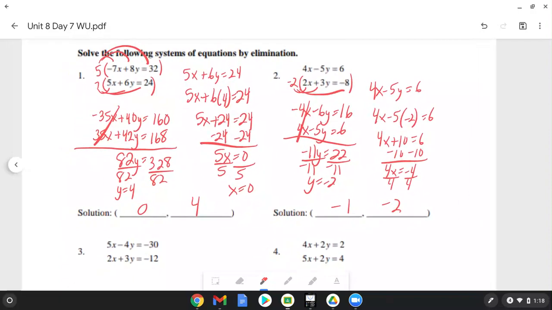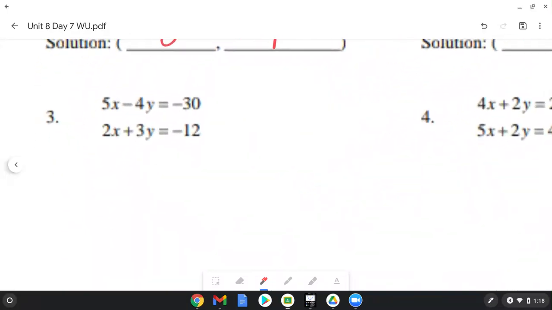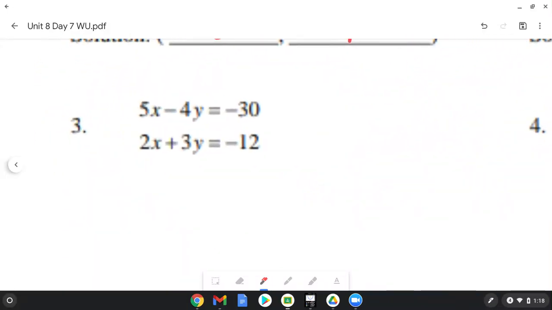Leave that up for a second. And now I'll do one more. So for number 3, I'm going to do the y's. I'm going to cancel out the y's because you don't have to always cancel out the x's. So if we take the bottom number for the y, which is 3, and the top number for the y, which is -4, and multiply the top by the bottom and the bottom by the top, I already noticed that they're opposites as far as their signs go, so I kept them both positive.